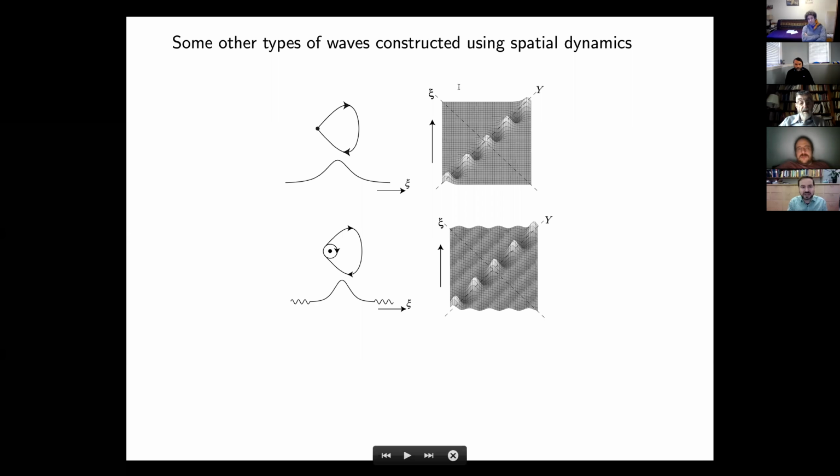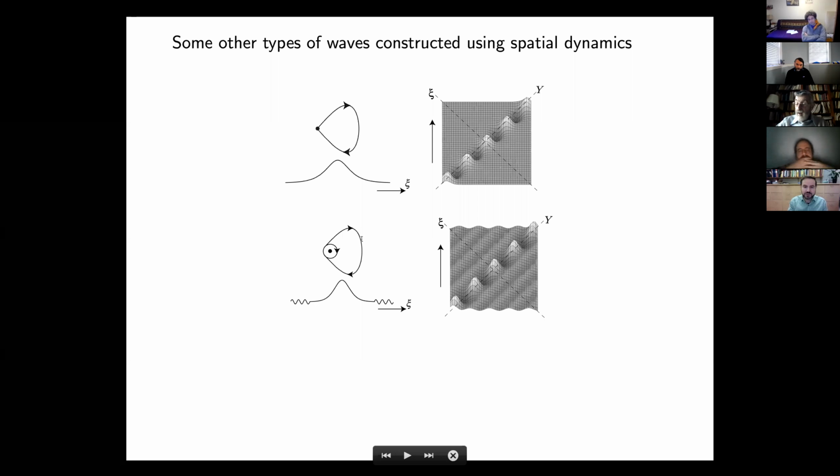Some of the types of waves you can find are waves which are periodic in the y direction still, but localized or solitary in the x direction. That would correspond to a homoclinic orbit in the reduced dynamics.